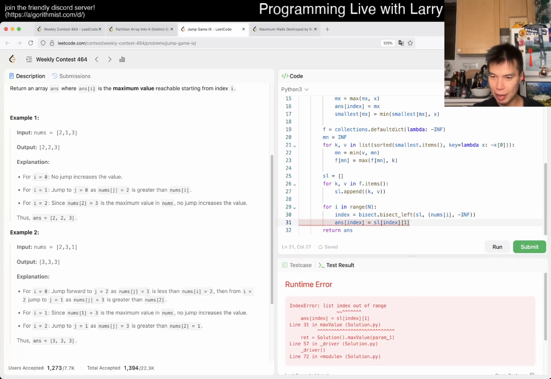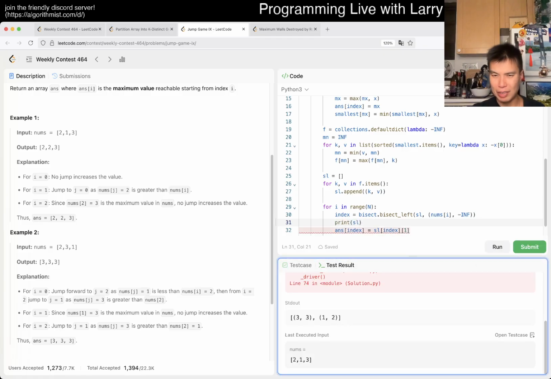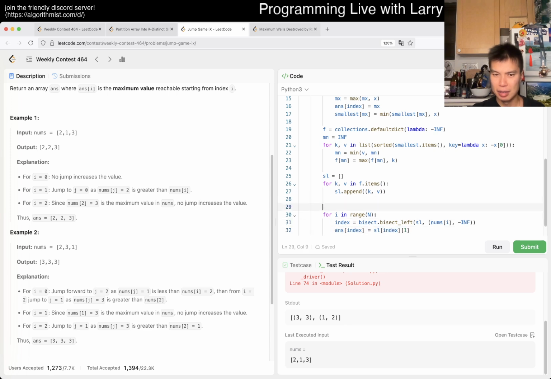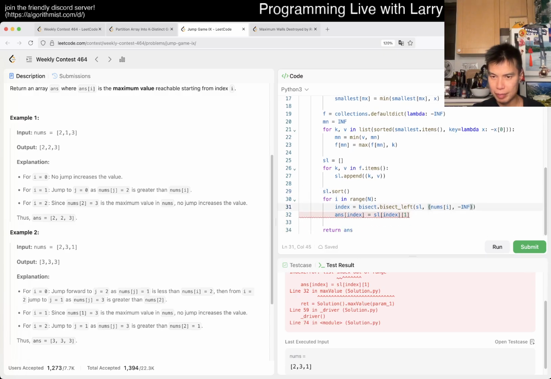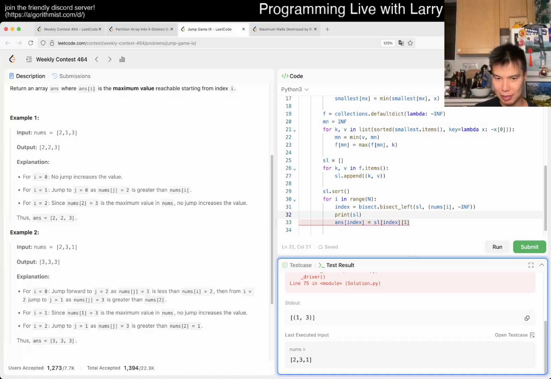Okay, maybe I was wrong. Did I get this one wrong? Why? Oh, I forgot to sort it again. I mean, I think this is reversed, but either way, I think this is fine. Still wrong though, huh? I did try to remember to sort it, but I just forgot. 1, 3.